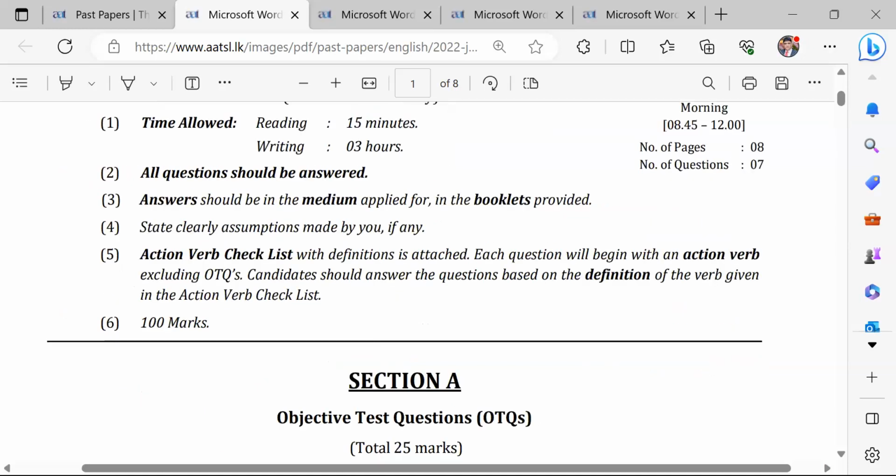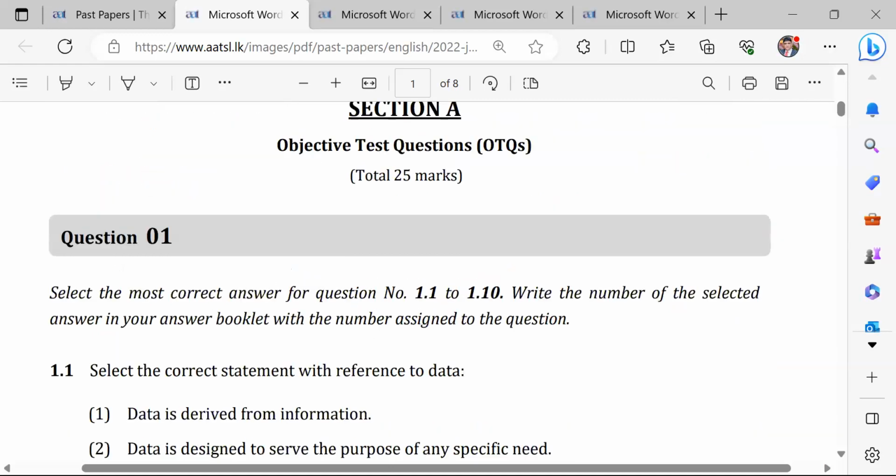Then with one question paper, we'll try to get a certain level of revision. I'm going through everything by referring to it.